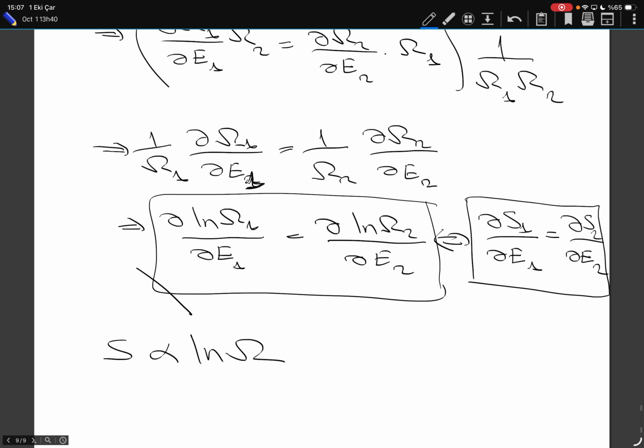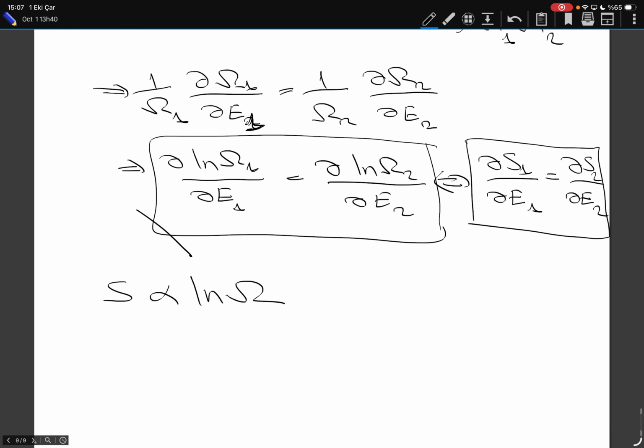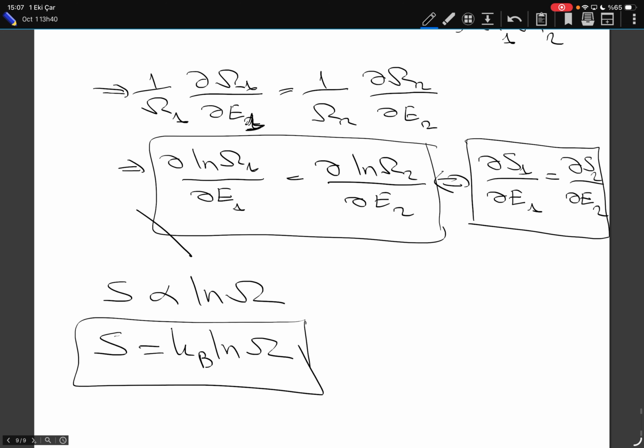What is the proportionality constant? Well, let me just say that it is the Boltzmann constant. You can take it as 1, but that will mean I will be measuring temperatures in terms of energy units. But this is the relation between entropy and the number of microstates in statistical mechanics.